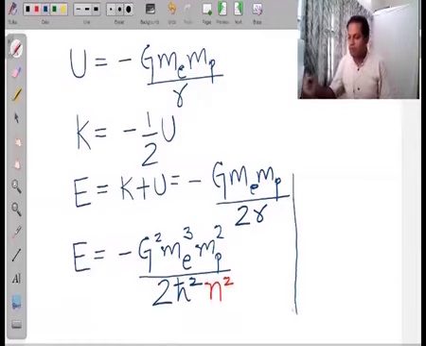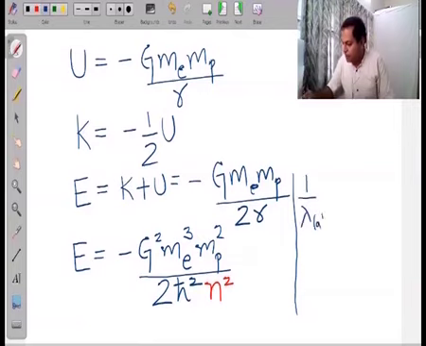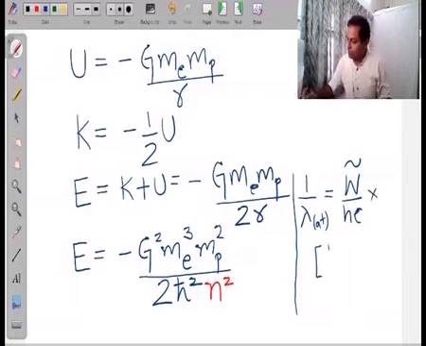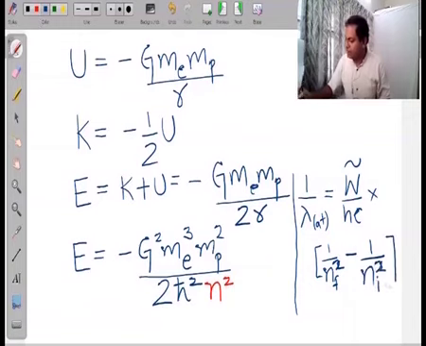And here I will write down the expression for the wavelength radiated by this atom, and that will be given by omega tilde upon Hc into 1 upon N final square minus 1 upon N initial square.